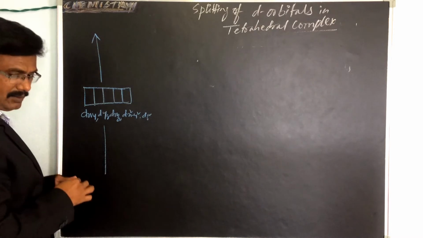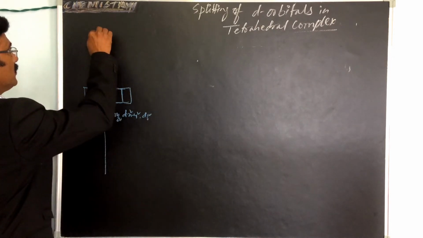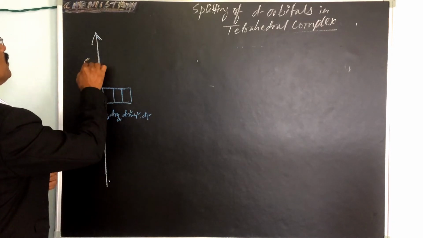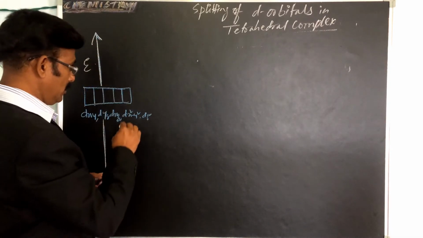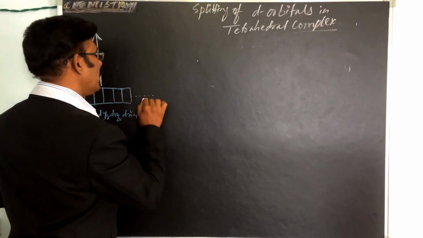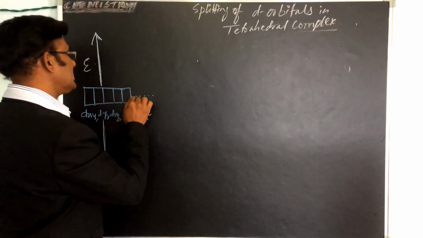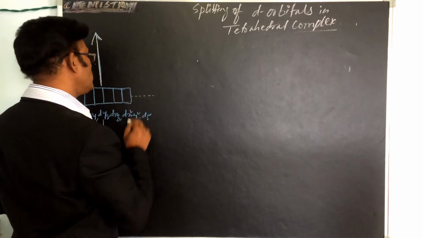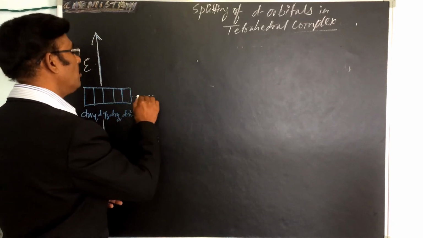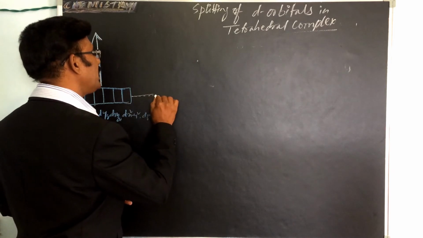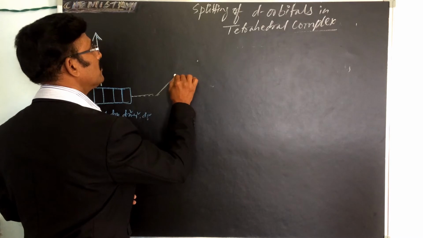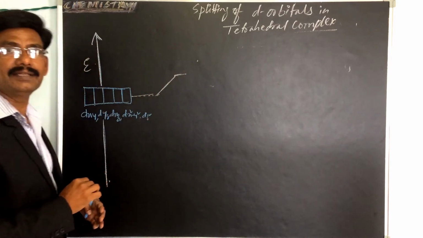Now, when the ligands approach the central metal atom, what happens? These d orbitals are raised up directly.